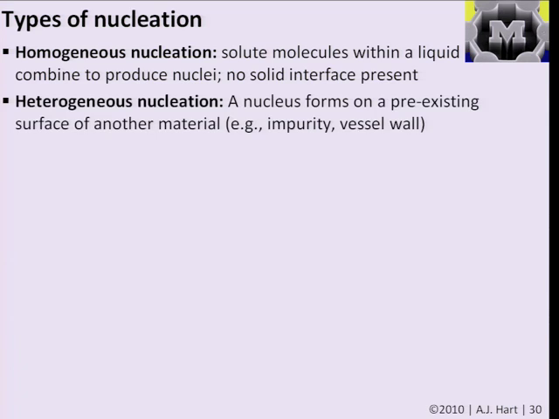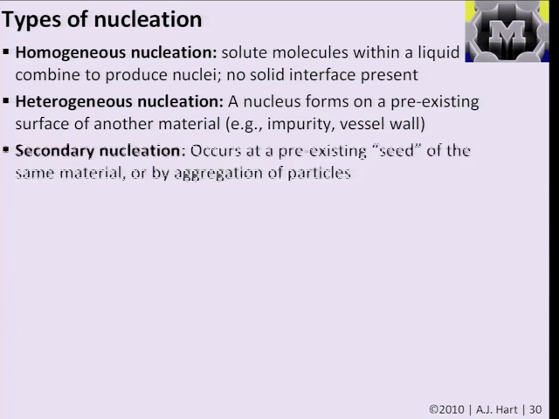We could also have a case of what's called heterogeneous nucleation, which means, in one example, that we're forming a nucleus of a material on the surface of something else. So that term would be used, for example, for growing the zinc oxide nanoparticles or nanowires on the surface of, say, an alumina surface or a gold surface, or, for example, growing carbon nanotubes from an iron surface.